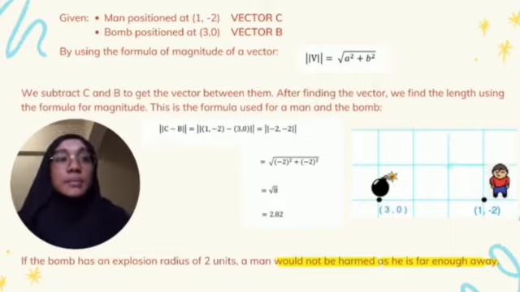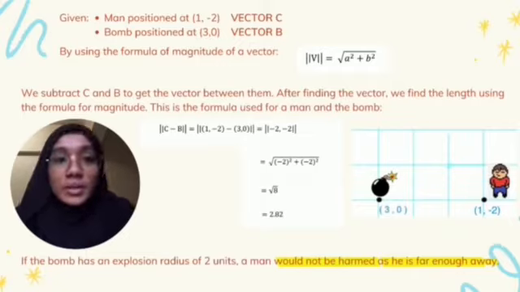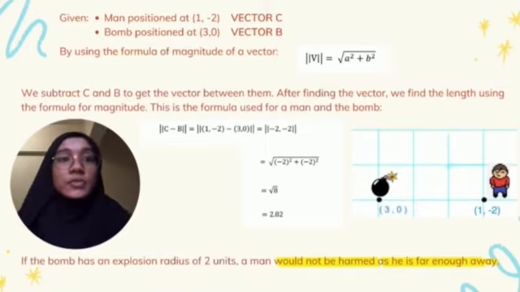Then we subtract C and B to get the vector between them. After finding the vector, we find the length using the formula for magnitude. So this is the formula for a man and the bomb.